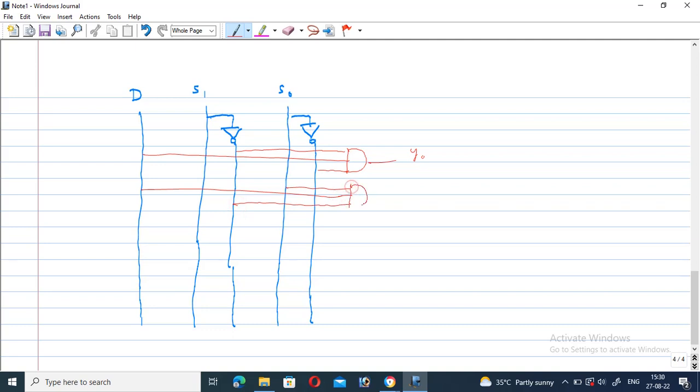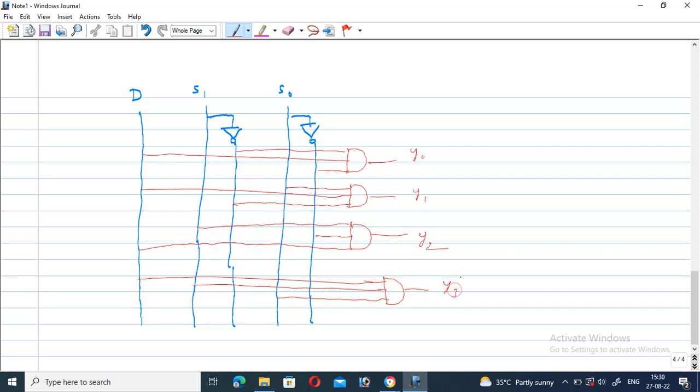So this is equal to Y1. This is the 1 0 combination, where S1 is equal to 1, S0 bar is equal to 0, and D is the input. So this is equal to Y2, and this is for Y3.